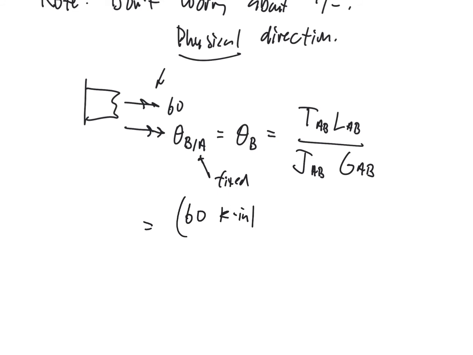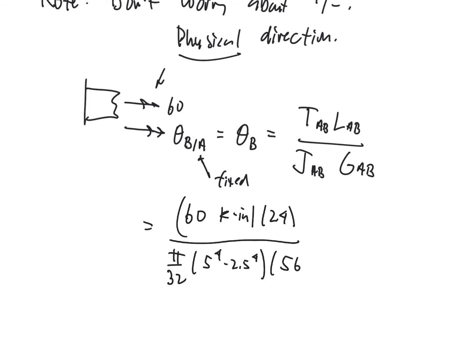And then we have the length. Remember, we've picked out units of inches, so that's going to be 24. Then the J, we already wrote that last time, but I'll do it again: pi over 32 times 5 to the fourth minus 2.5 to the fourth. And then the G value that we've got here is 5,600 KSI.